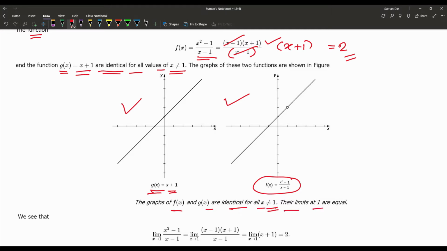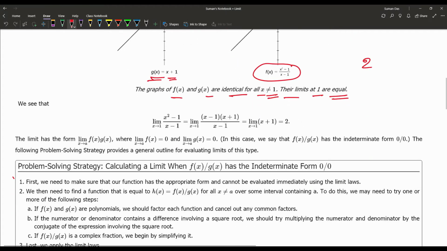So their limits at 1 are equal, and that is 2. So the limit as x tends to 1 of (x square minus 1) upon (x minus 1) is equal to the limit as x tends to 1 of (x plus 1), which is 2.